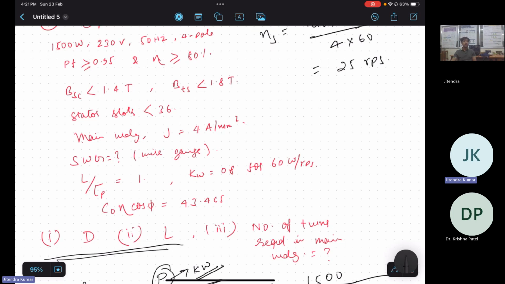Now, to calculate the flux, which parameters are provided?